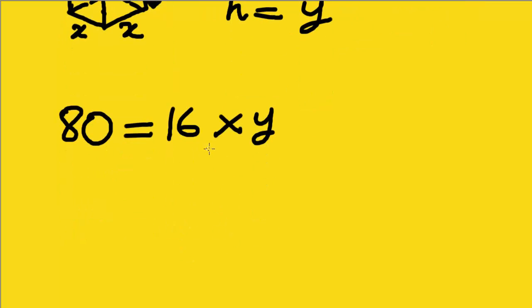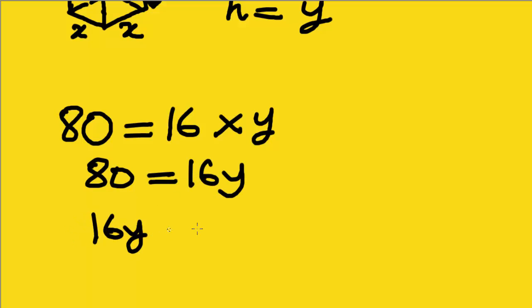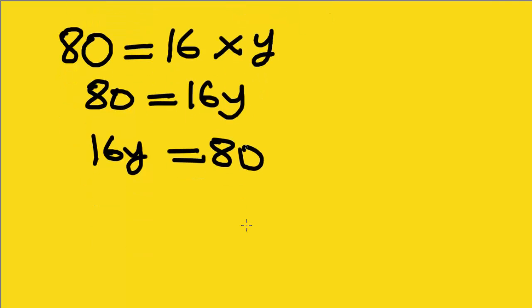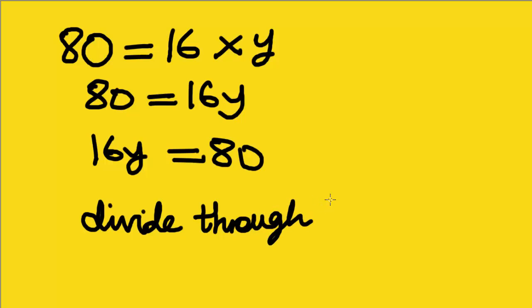Therefore, I can find y because I have everything in this equation except for one variable. 80 is 16y. So 16y is 80. I want to know what y is. I'm making y the subject of this equation. I divide through by 16.